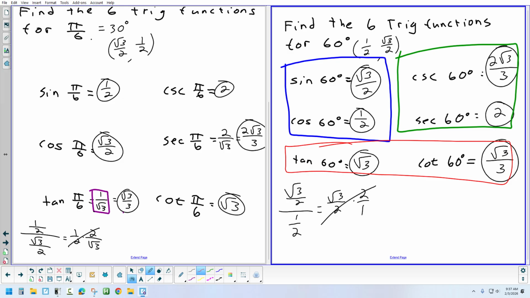And if you read the trig functions that are in each box, sine, cosine, secant, cosecant, tangent, cotangent. The ones that switched places are the trig functions you get when you put the word co in the front of it. Secant, cosecant, sine, cosine, tangent, cotangent. All right, and we'll talk more about what those are called later on. Any questions on 6 trig functions of 60?